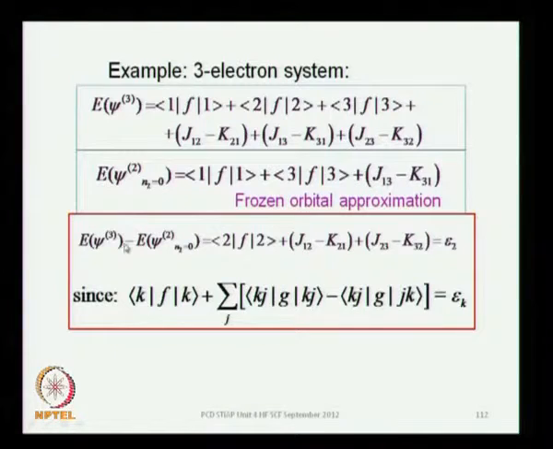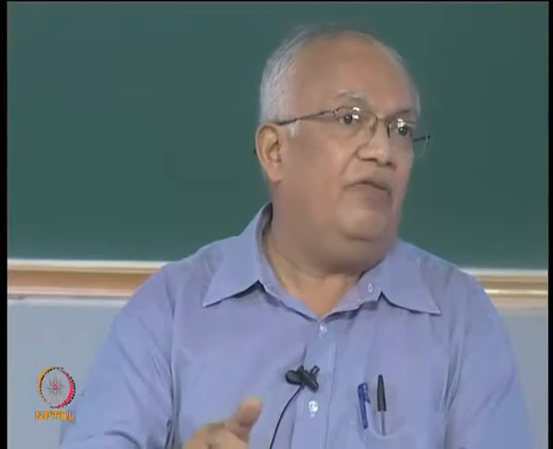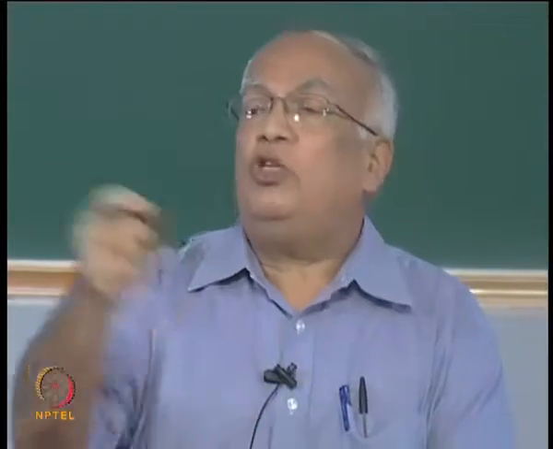This is the energy difference between the 3 electron system and the 2 electron system, and it is exactly equal to the energy that you have to give to pull out the electron from the state 2. In common terms, it is the ionization potential for the state 2.